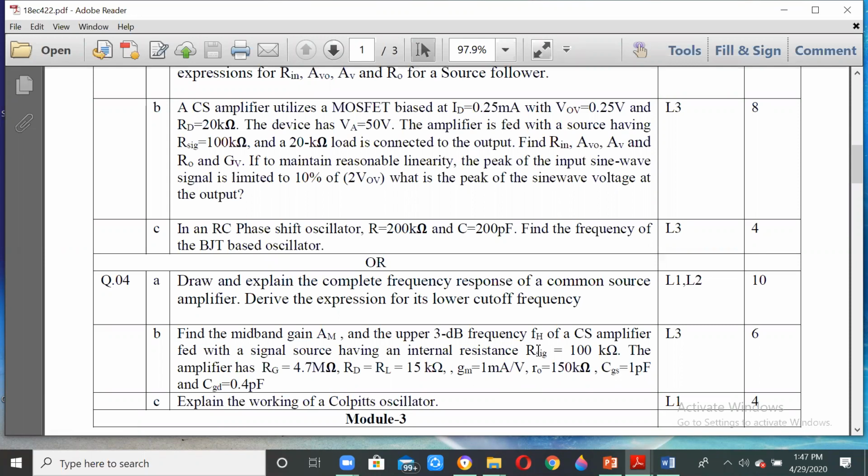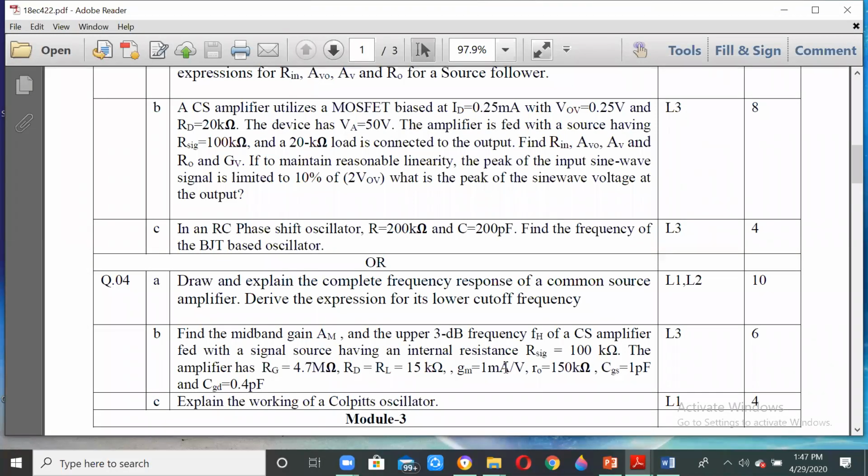So we need to find RL dash. First, RL dash is RD in parallel with RL in parallel with small R0, that is 150 in parallel with 15 in parallel with 15. That is the value. I think we might have solved that also.